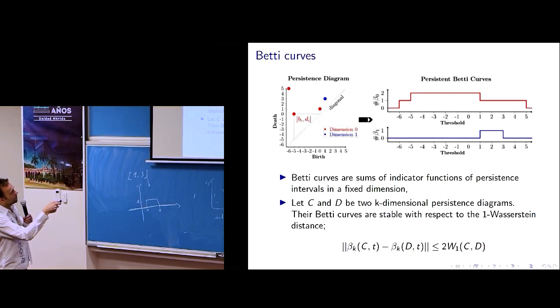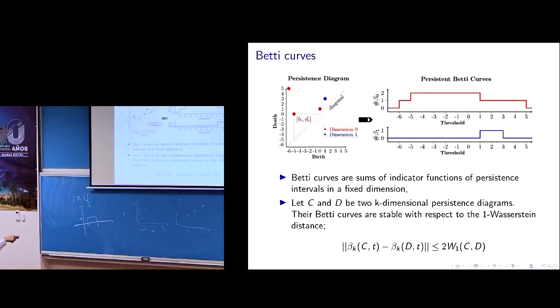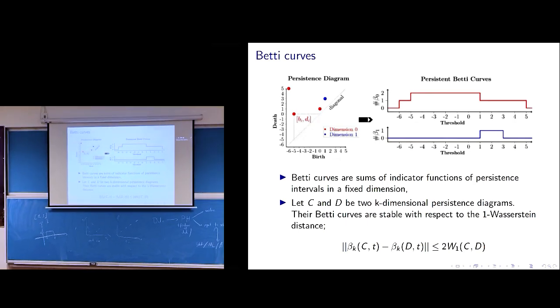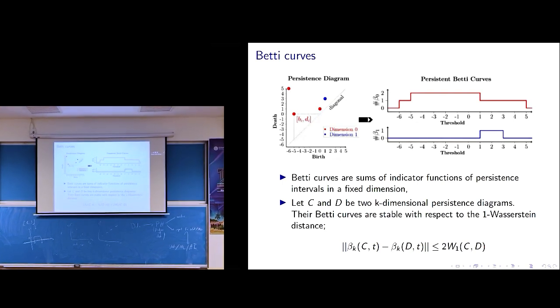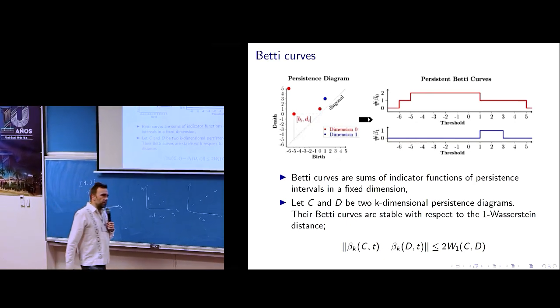And since there is nothing else, the persistence Betti curve is just the sum of the step functions for all the points in the diagram of the same dimension. So over here you see this is just this function I drew for the blue one. The red one contains a few more, and therefore you have a little more complicated step function. But the idea is the same.